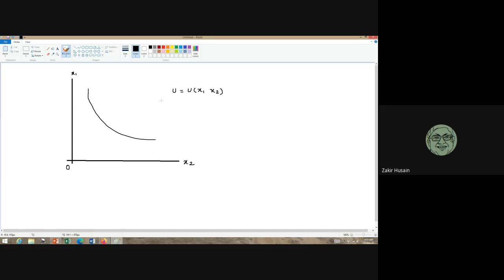If we can identify the commodity bundles or the combinations of x1 and x2 which yield the same level of utility, and we draw a line through such points, we call this a level set.